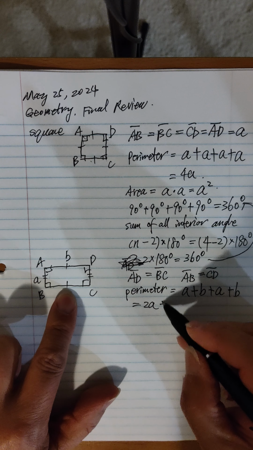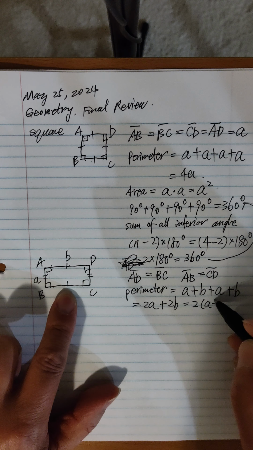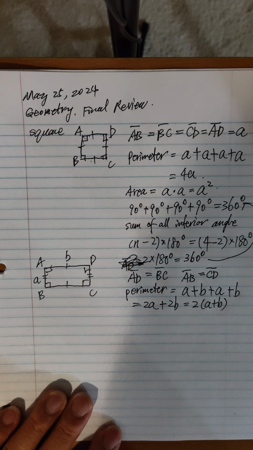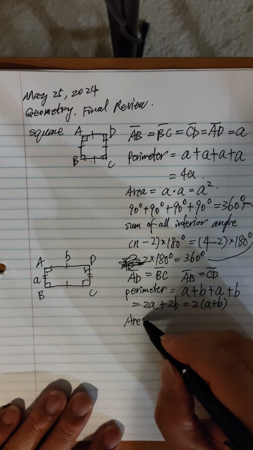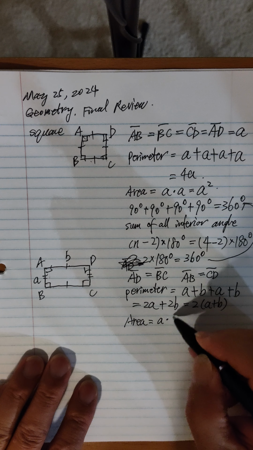Similarly, we have 2 B's. We can factor the 2, and we get 2 times (A plus B). And then the area is simply A times B.